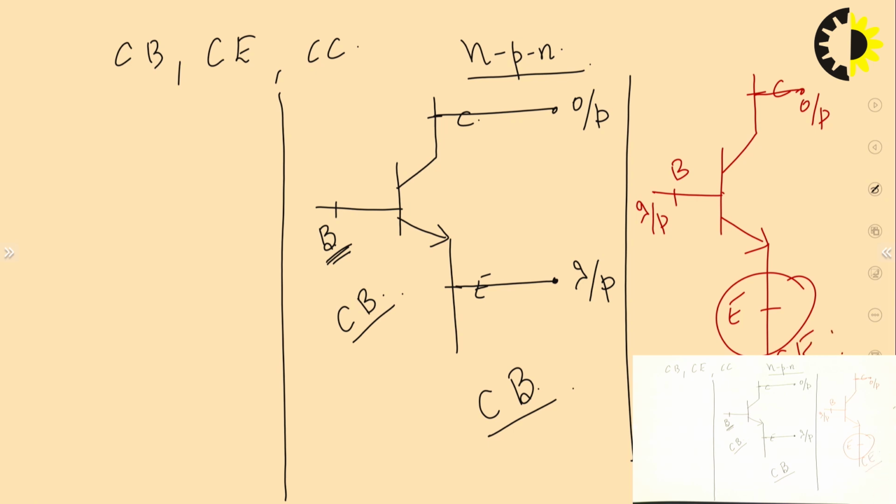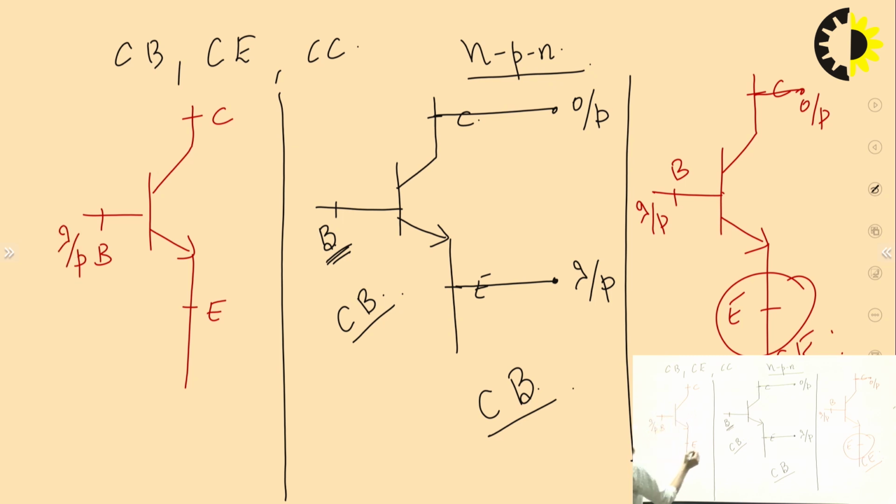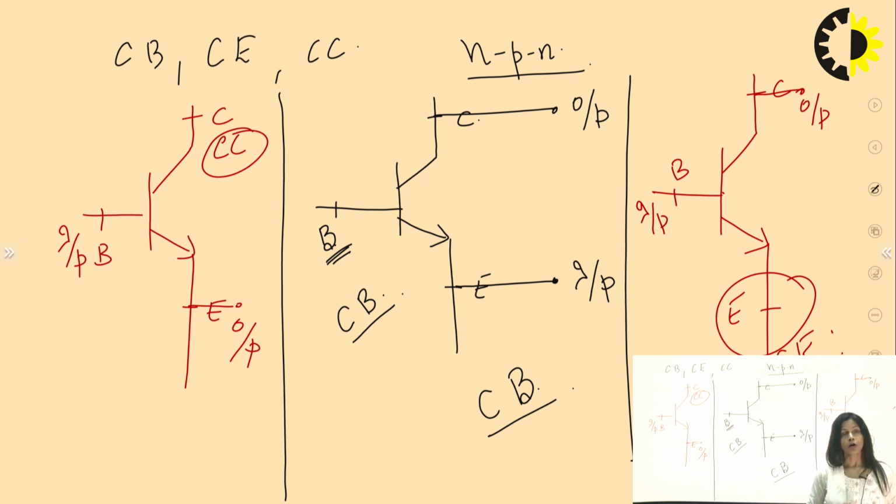Similarly, for common collector, this is my base terminal, this is my collector terminal and this is my emitter terminal. I want to make the collector common. I will provide input from the base and take output from the emitter, and this terminal is common, hence it is in common collector configuration. So this is how we recognize whether the transistor is working in common emitter, common base or common collector mode.